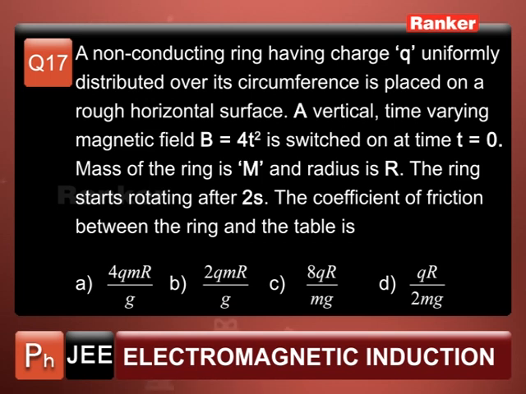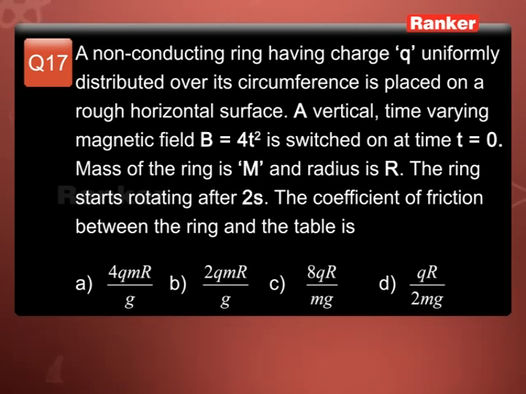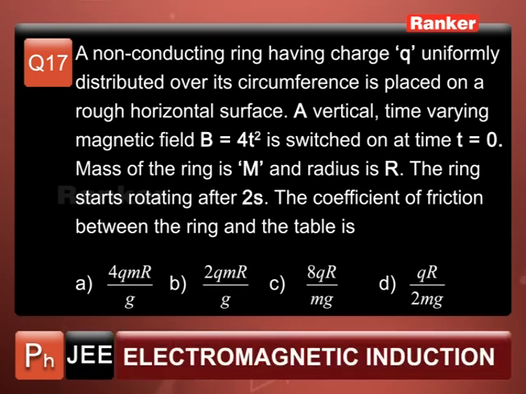A vertical time varying magnetic field B equal to 4t square is switched on at time t equal to 0. Mass of the ring is capital M and its radius is capital R. The ring starts rotating after 2 seconds. The coefficient of friction between the ring and the table is how much?